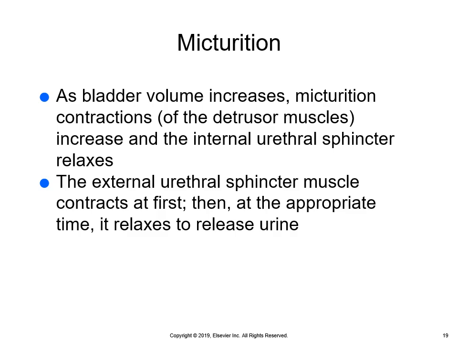All right, again, in terms of things that can affect this typically voluntary process of micturition, there are things such as nerve damage from spinal cord injuries or some other diseases like MS, multiple sclerosis. Those can affect our bladder control. Also, conditions like urinary retention, when the bladder can't empty properly, or incontinence, when a person can't hold their urine.